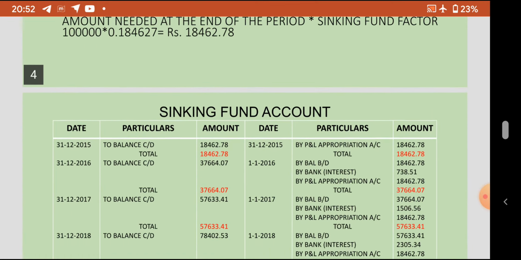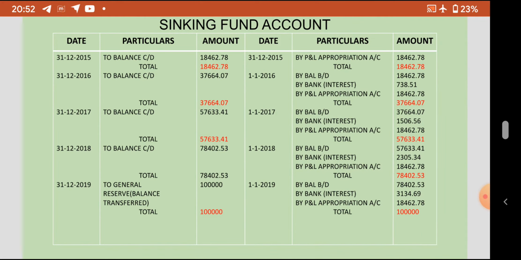Importantly, the account that we are going to prepare is the sinking fund account. Let us have a look at how it is prepared. On the credit side, at the end of the first year we make an appropriation of profit of 18,462.78. We know how that amount is calculated.